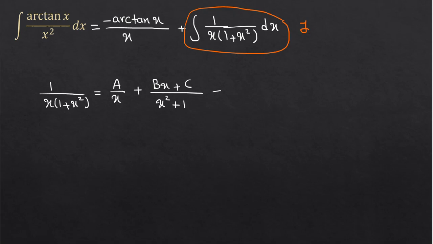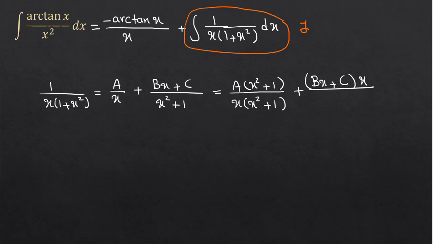On the right side, the common denominator is going to be x times x squared plus 1. Then I will have a times x squared plus 1 plus bx plus c times x, because I'm also multiplying the denominator here by x.